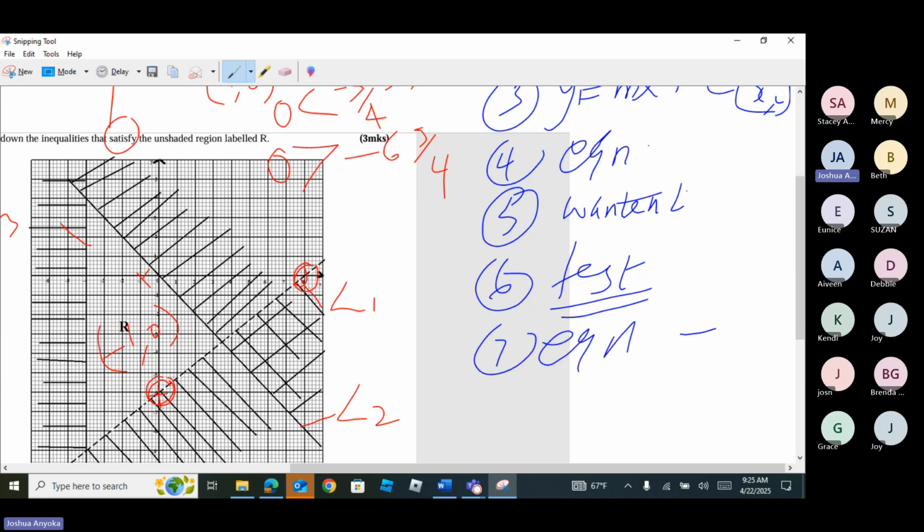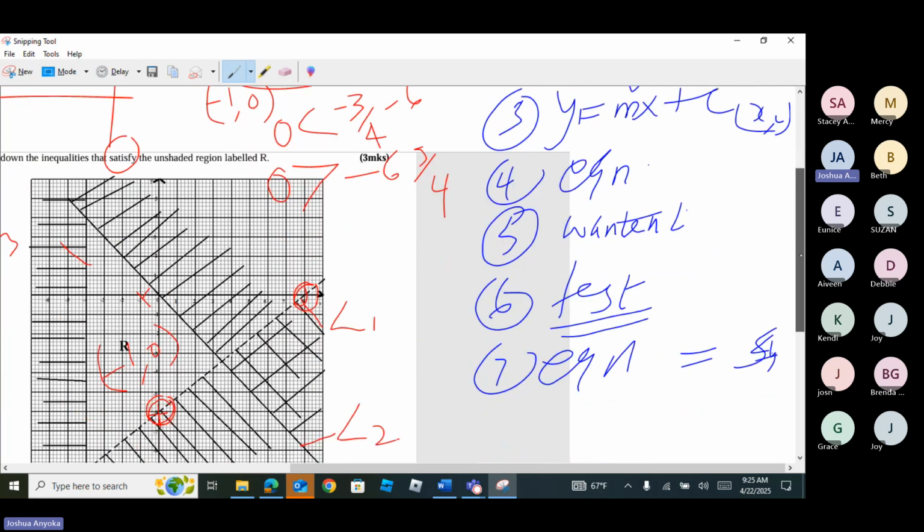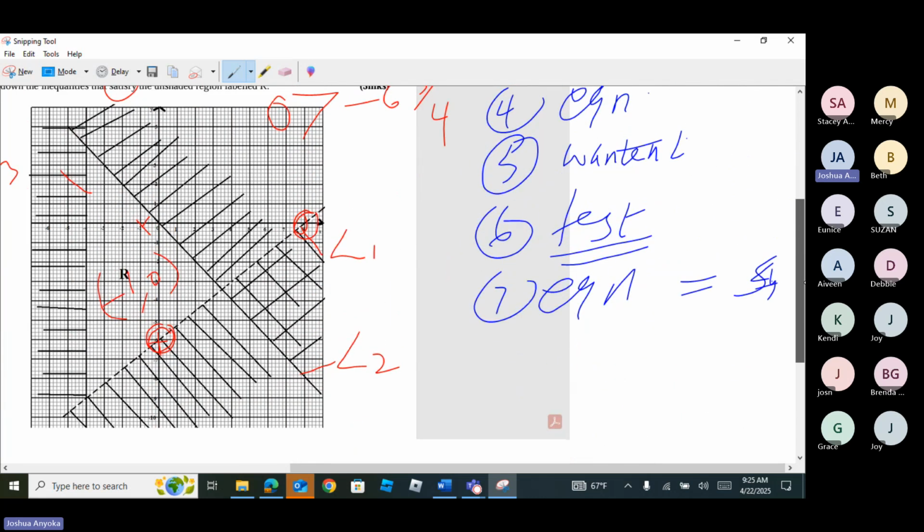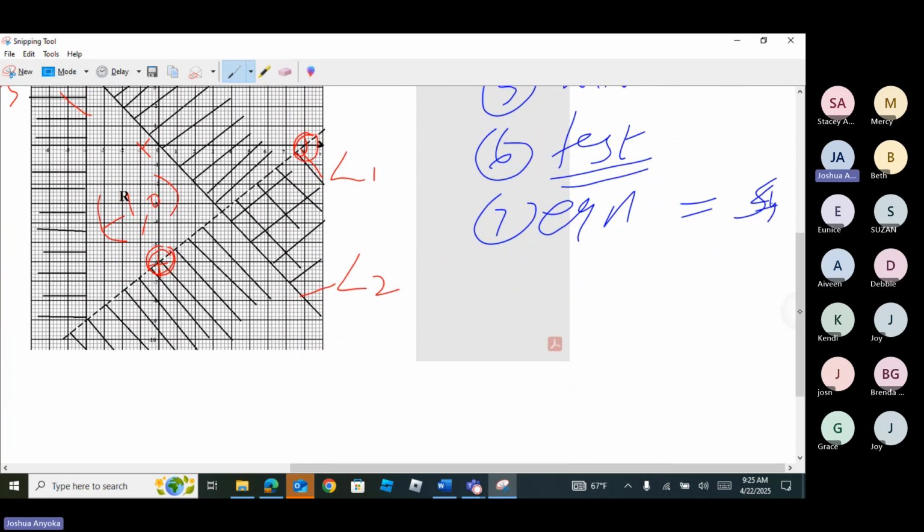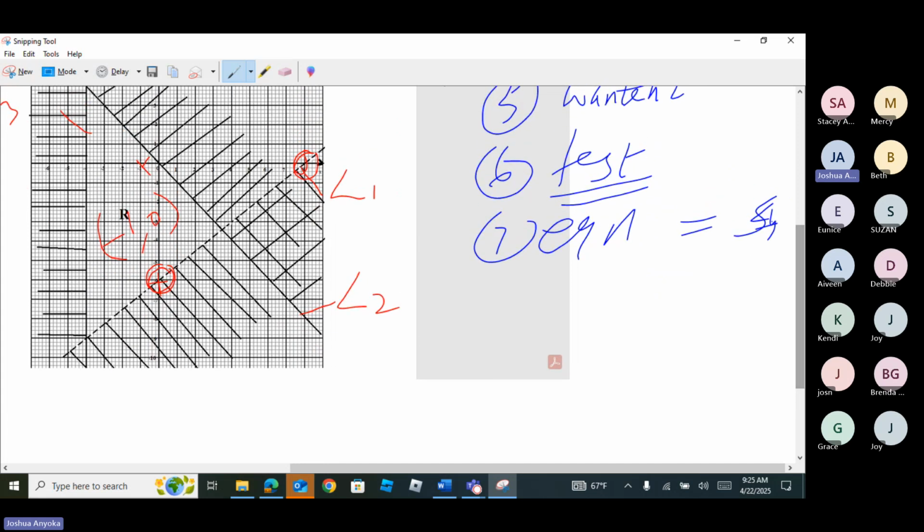Instead of the equal sign, you replace with the inequality symbol. With the same steps, let us go to line 2. Same steps, line 2. Line 2 is passing through 0, 0.